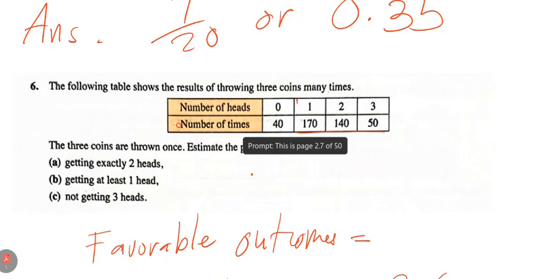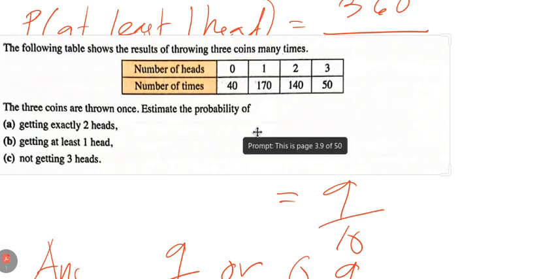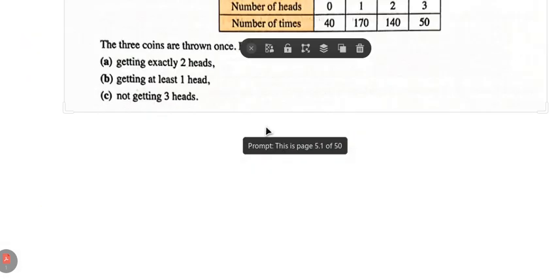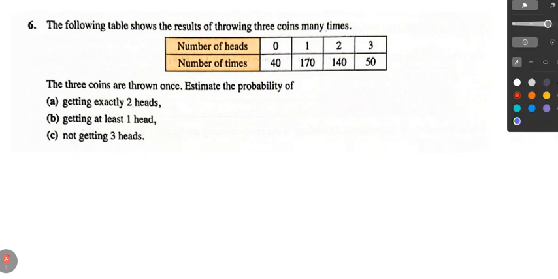Now let's move on to C. Let's copy that one here. The question for C is not getting 3 heads.